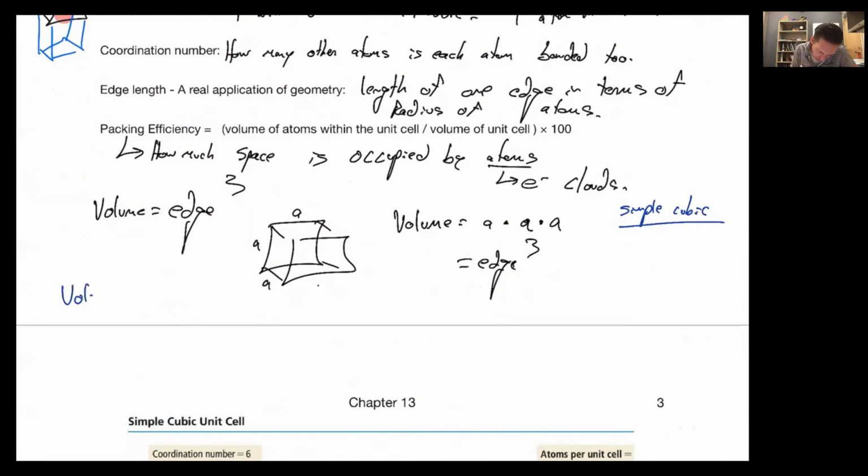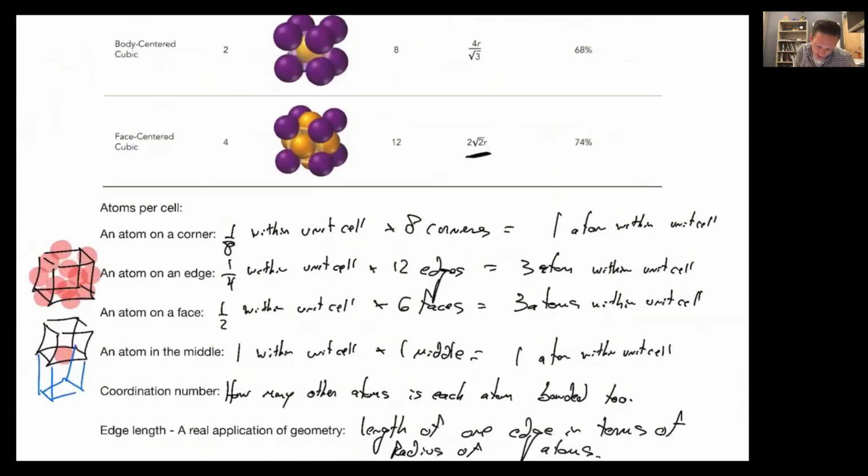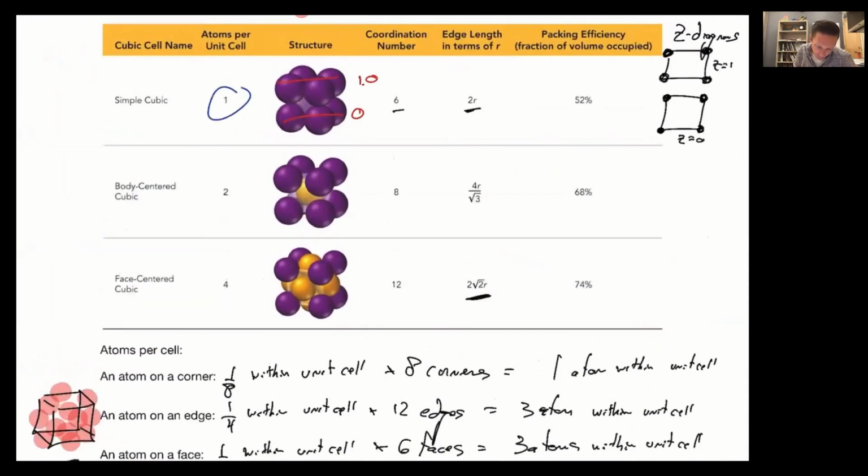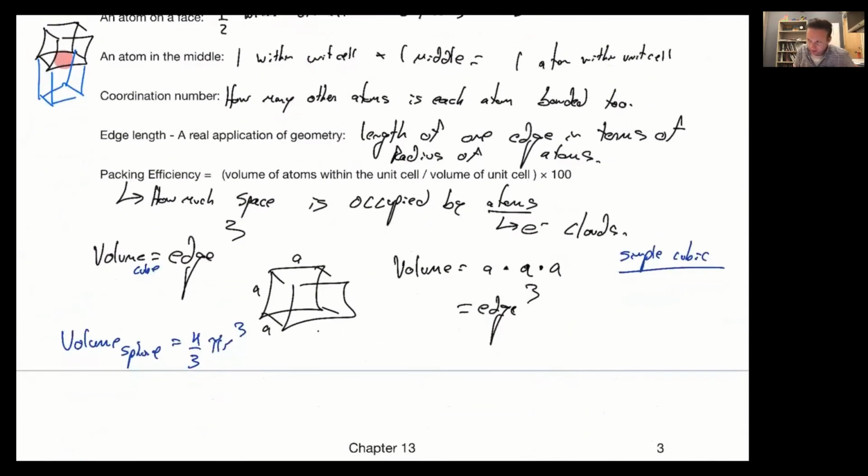So the volume of a sphere, this was the volume of a cube. The volume of a sphere is 4/3 pi r cubed. And so the volume of the atoms within the unit cell. We already said that simple cubic has only one atom within the unit cell. It's a fraction of 8 different atoms. But so we got 4/3 pi r cubed.